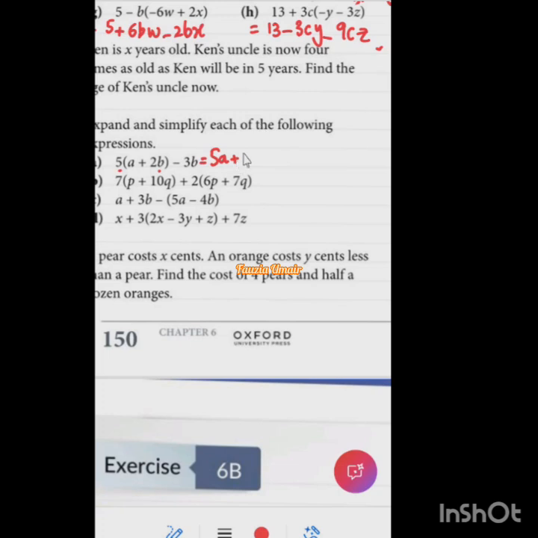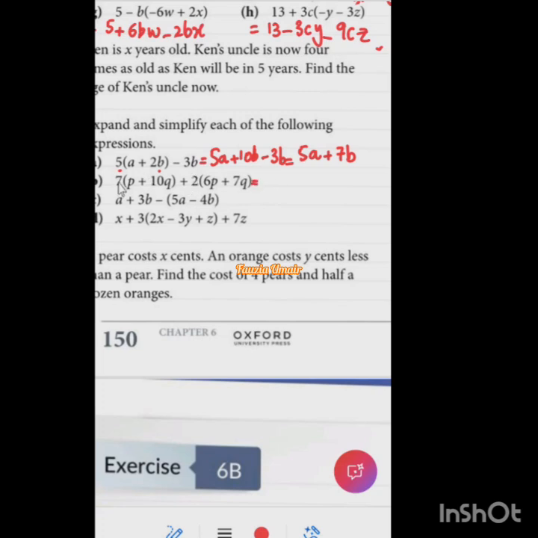Very good. Minus 3b. So 5a will remain as it is, and plus 10 minus 3 would be 7b, plus 7b. Very good.